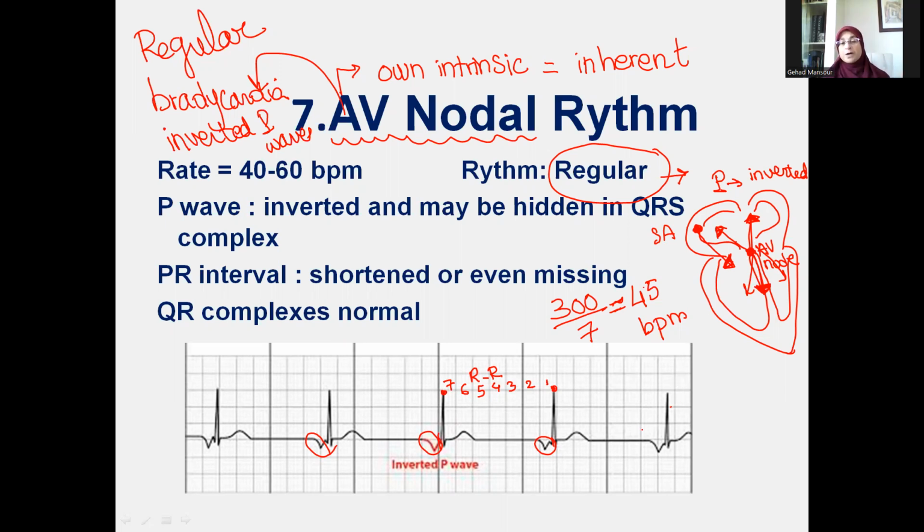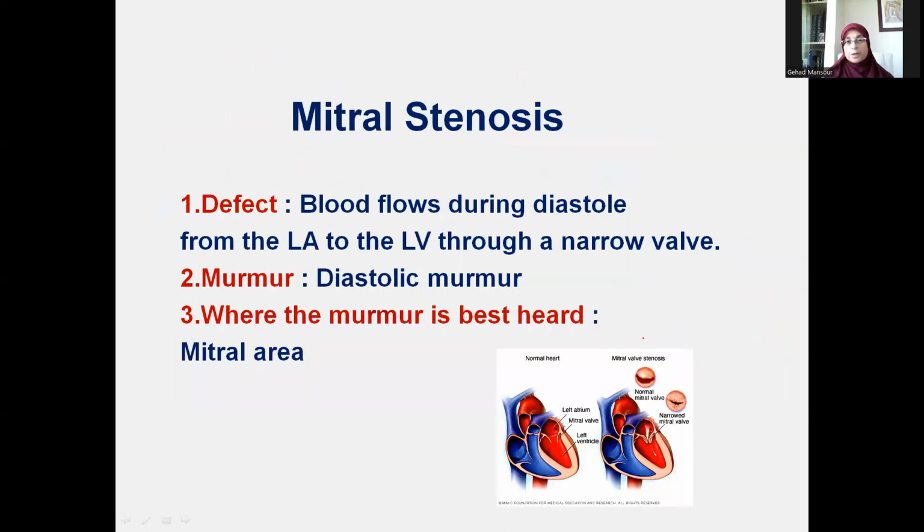So usually we find one QRS complex that follows one P wave, but sometimes, of course, there would be overlap if the AV node sends to the atria and to the ventricles at the same time, but this condition will not be studied within this course.